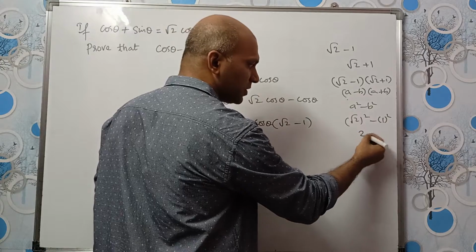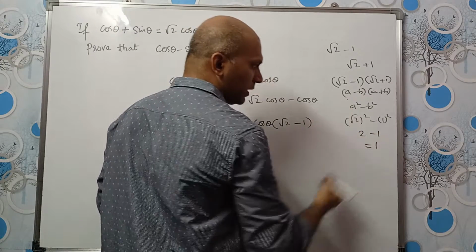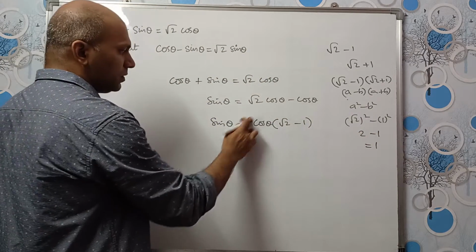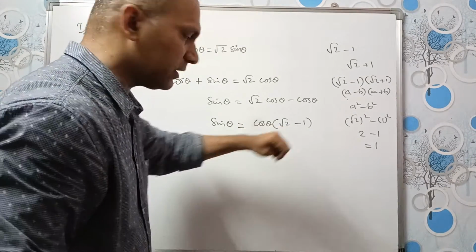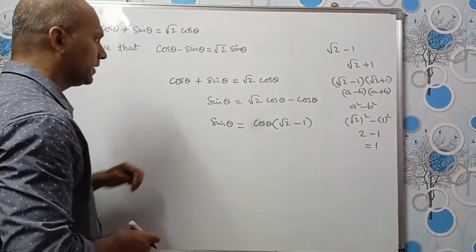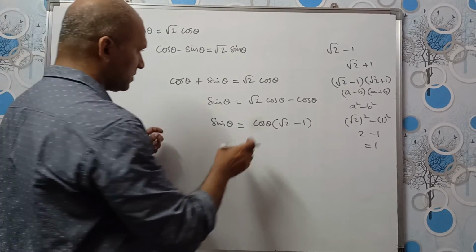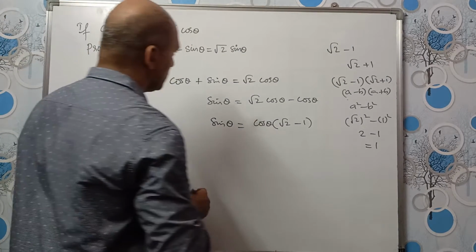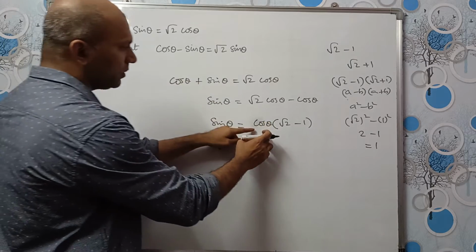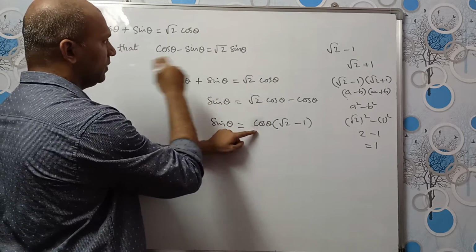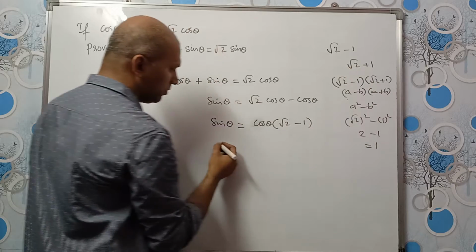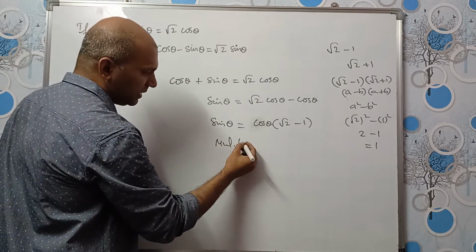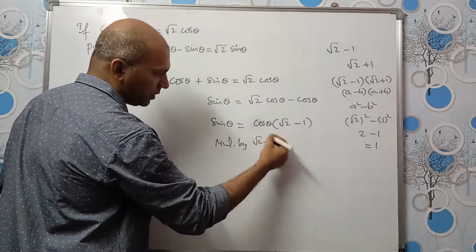Root 2 square is how much? 2. So this will be 1. Okay. So we'll have only cos theta here on the RHS. We need cos theta only once here, right? Okay. Let us multiply by root 2 plus 1 on both sides.